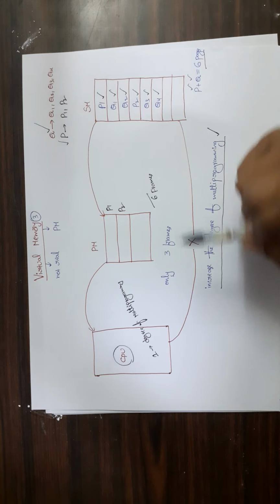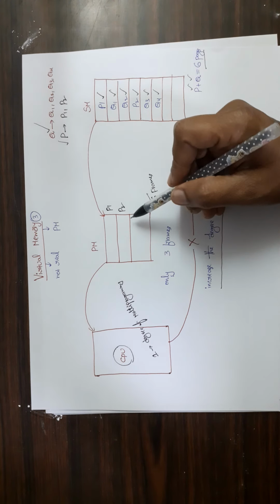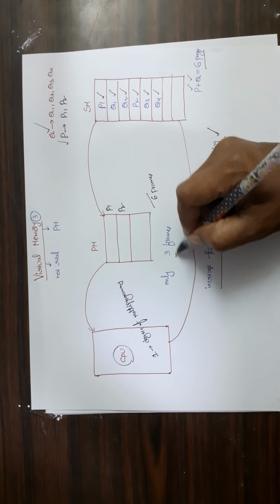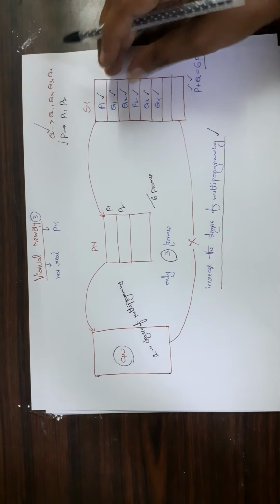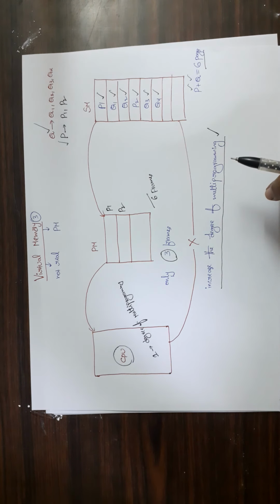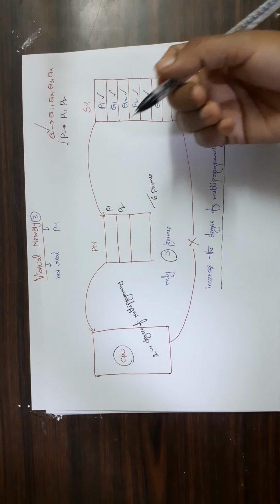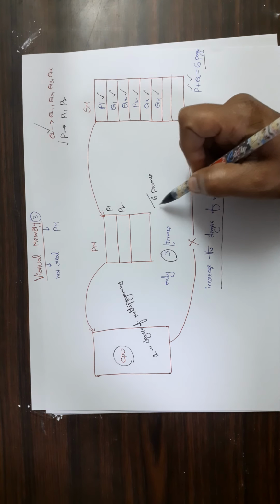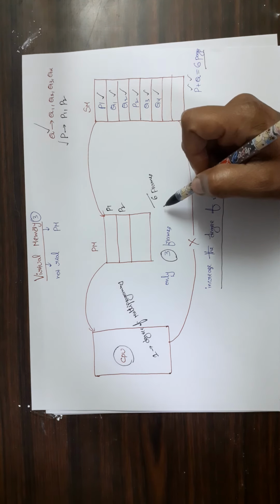Because in primary memory we have only 3 frames, we cannot load the process Q into the primary memory, right? That means we cannot increase the degree of multi-programming. That means we cannot load Q2 data here, right? That is a problem here.